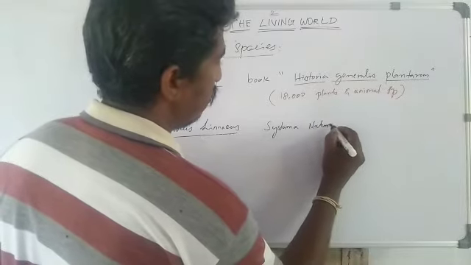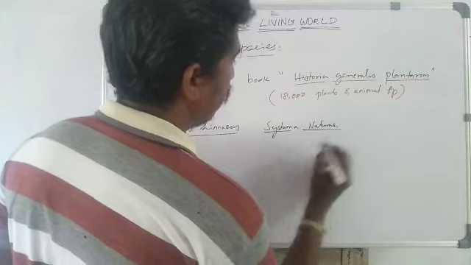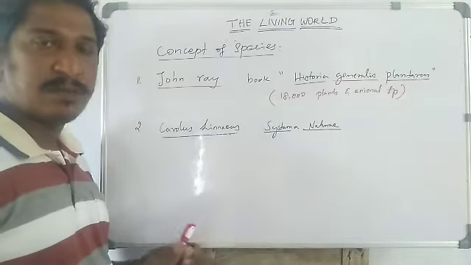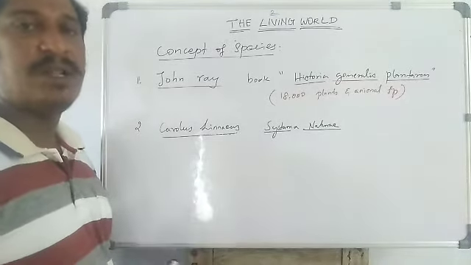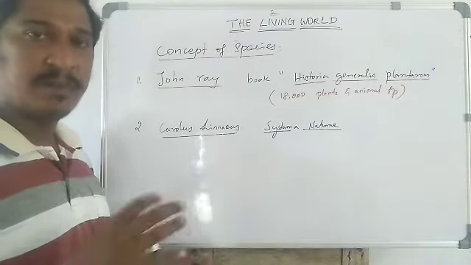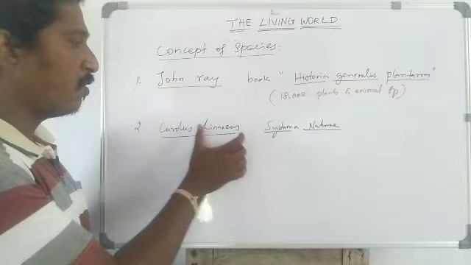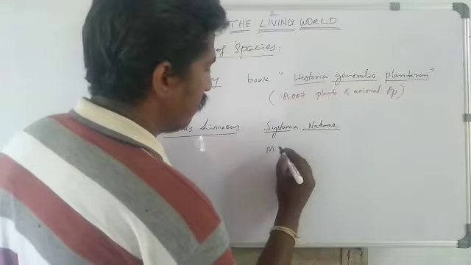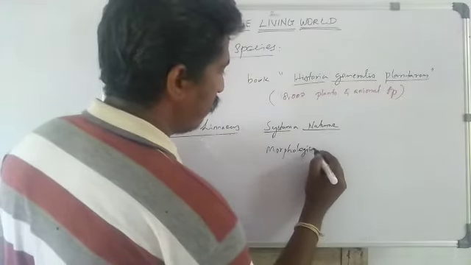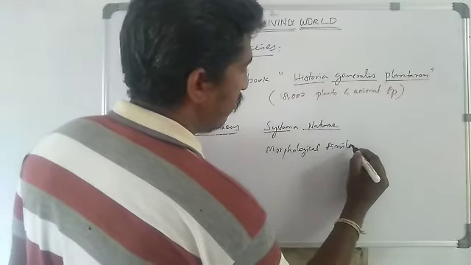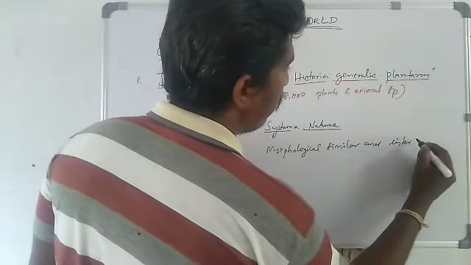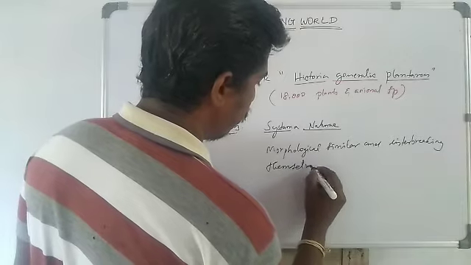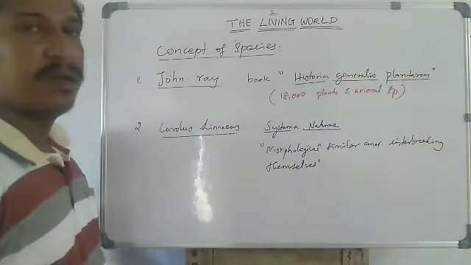In this book he mentioned the concept of species: species are morphologically similar, and the members of the species interbreed among themselves. This group we consider a species.